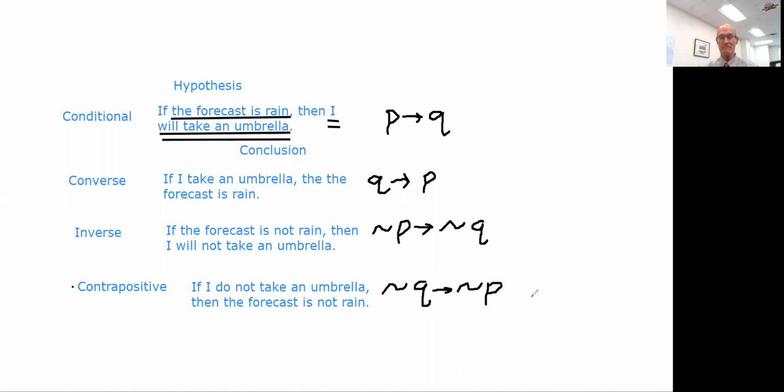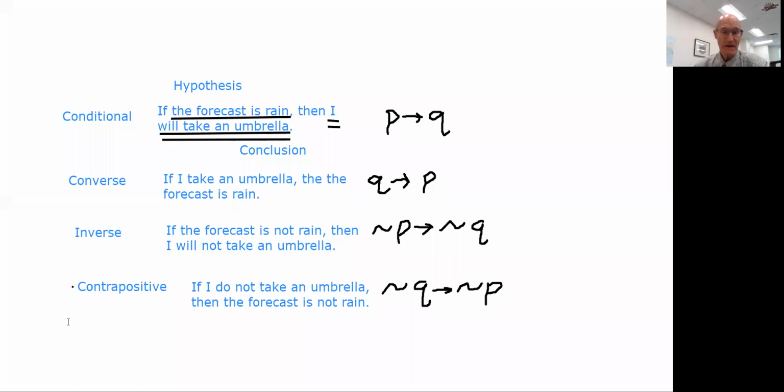Now, the biggest thing you need to get out of today's lesson is the combination of these two things. Understanding what the conditional is, being able to pick out the hypothesis and the conclusion, and then being able to write a statement in if-then format. So, for instance, let me give you an example down here.